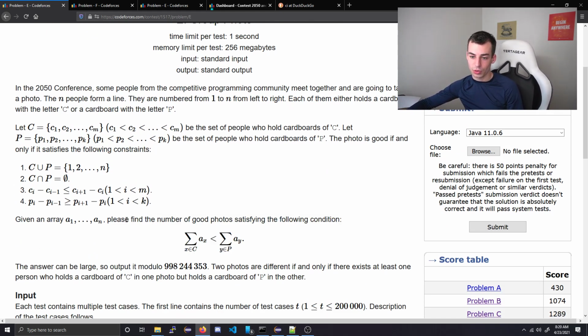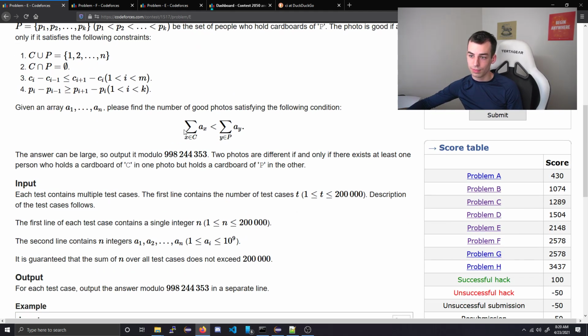All right, now what's the question? Given an array, find the number of good photos satisfying the following condition.